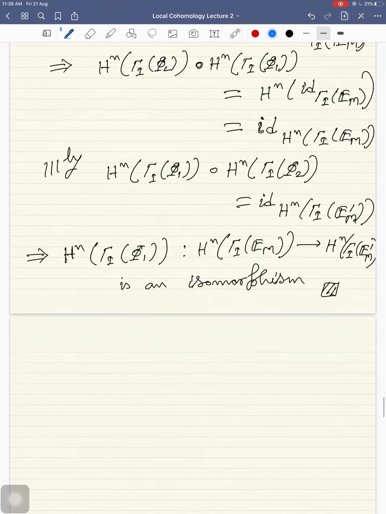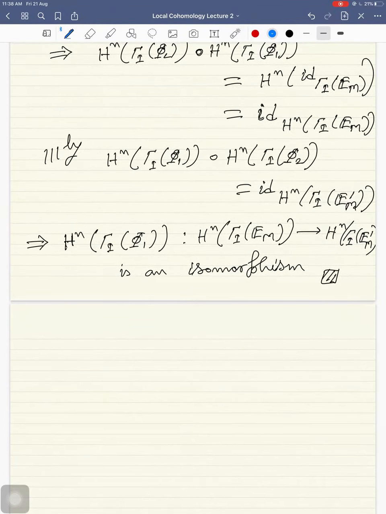Yeah, and next we should prove this thing, how to get this map. So this is a definition. You consider a morphism F from M to N, and then how to define it?